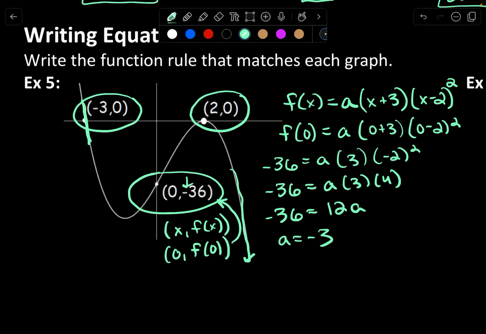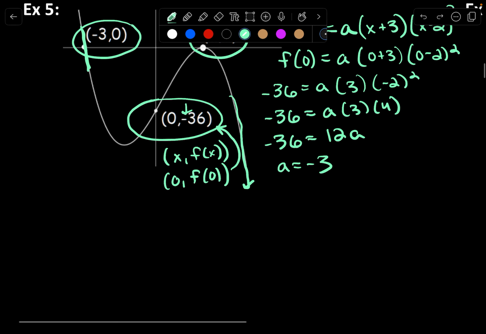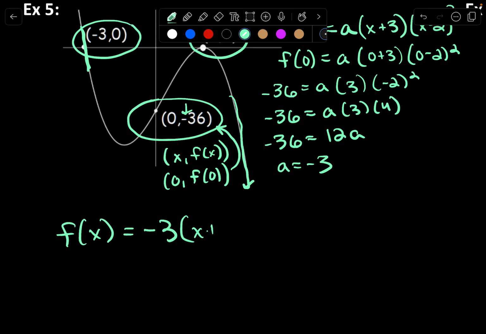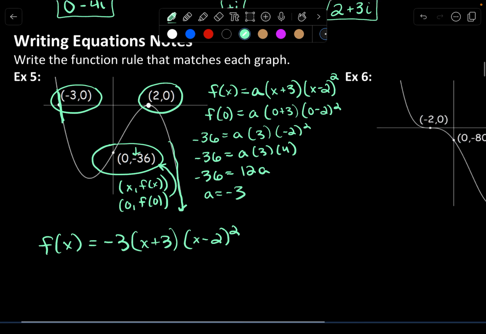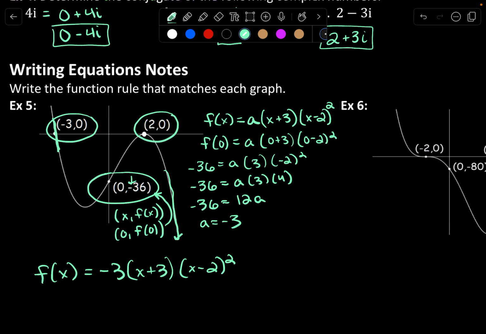So that's why I stopped for a second to see where that negative was. Okay, so our function rule will be f of x is equal to -3 times x plus 3 times x minus 2 squared. If you have a calculator, you can check it, but you need to show your work solving for a and also the setup in the beginning.